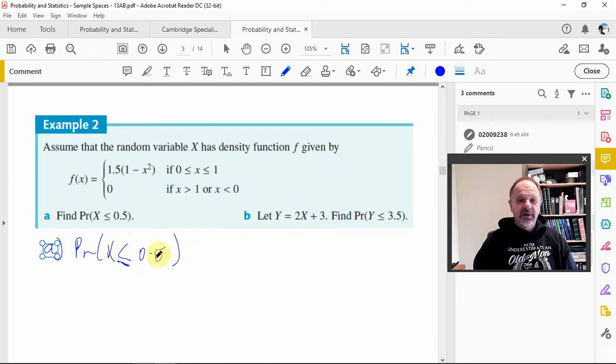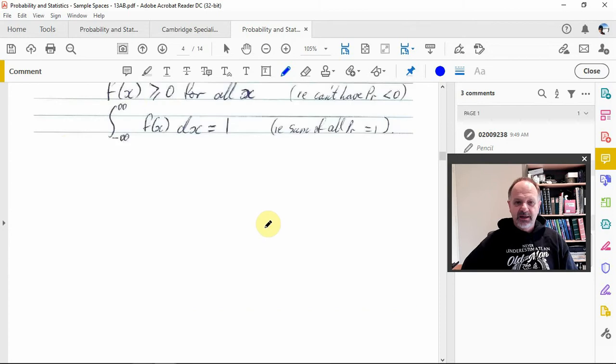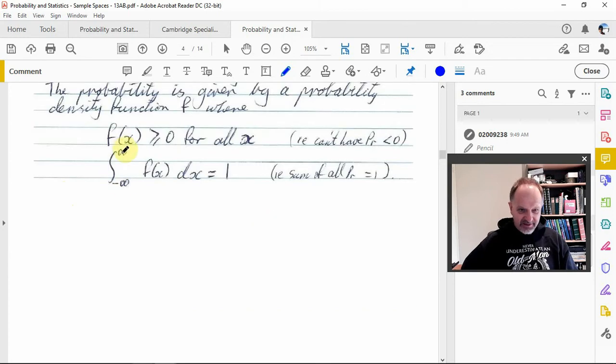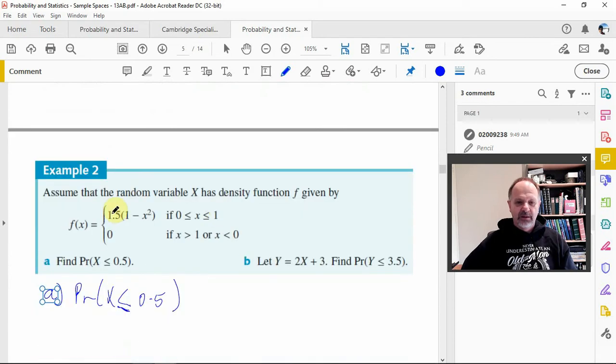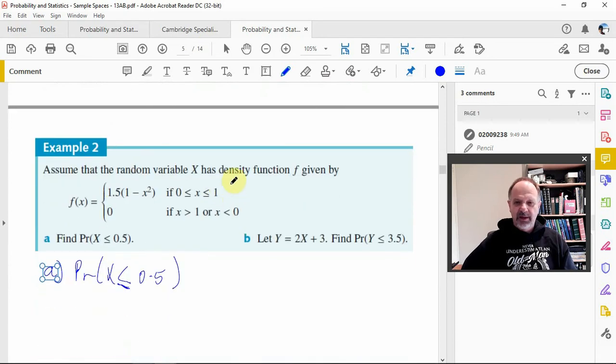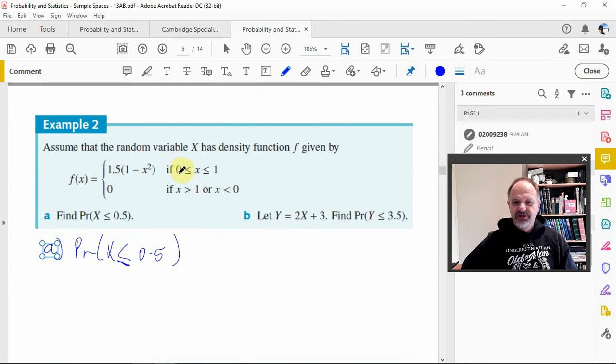When x is less than 0.5, going back to here, it says negative infinity to infinity, so it's not always negative infinity to infinity that we need to look at. We really only need to look at this bit from 0 to 0.5, because when x is less than 0, its probability is 0.